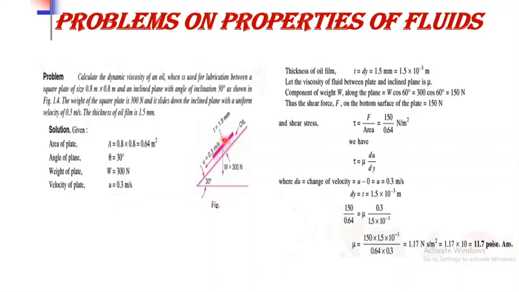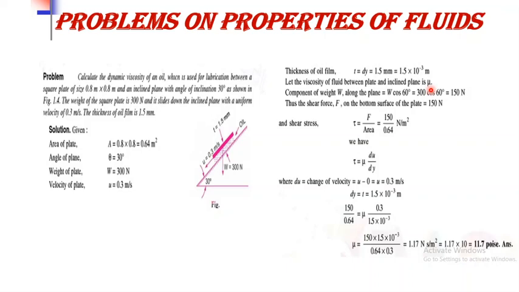The thickness between the plate and the inclined plane is 1.5 mm, means from the inclined plane the plate is at a distance of 1.5 mm, so the change in distance, that is dy, is equal to 1.5 mm. We have to convert that into meter, so multiply it by 10 raised to minus 3. The viscosity of the oil is represented by mu, which is the dynamic viscosity.